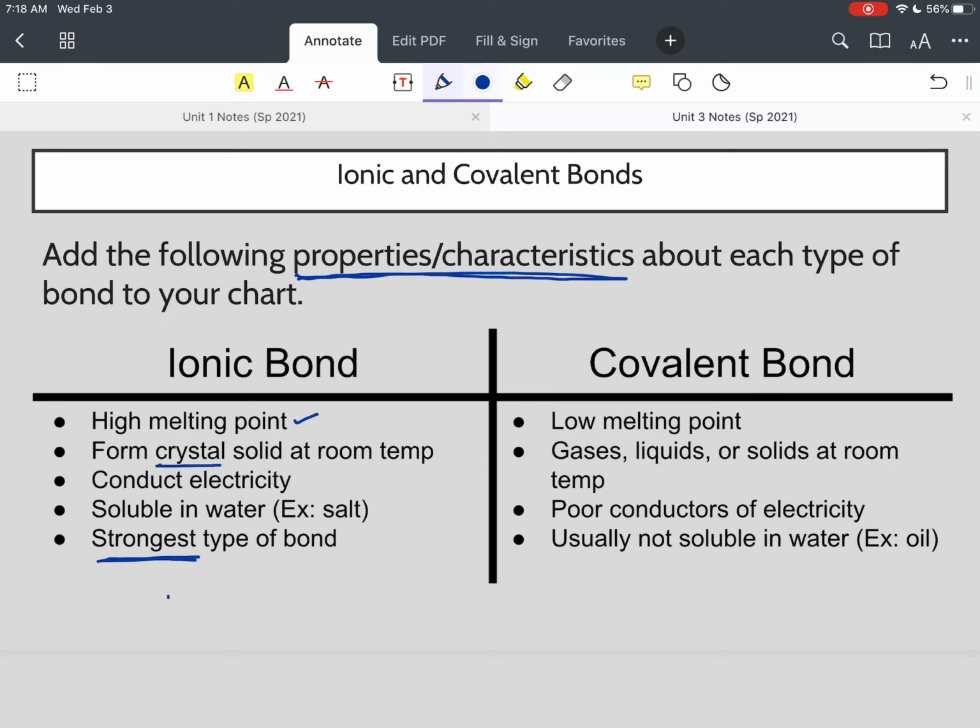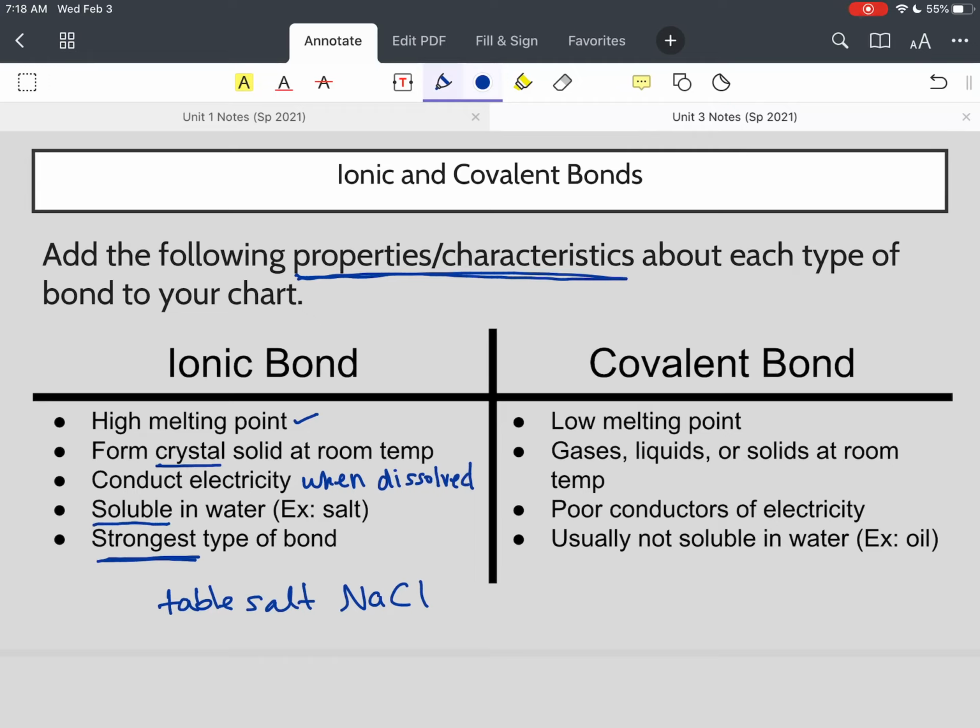So if you think like table salt, NaCl, it looks kind of crystal-ish. They can conduct electricity when they're dissolved. So I feel like I need to add that in there. When dissolved, like if I add it into water. It's soluble, that means it can dissolve, all right?